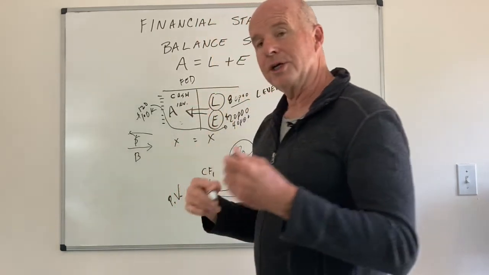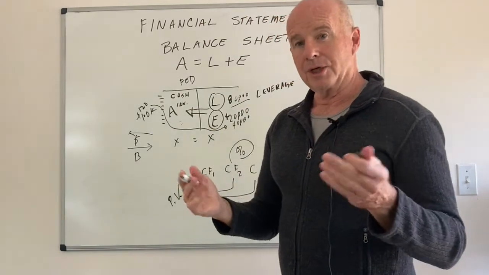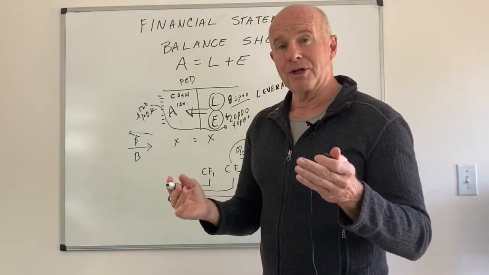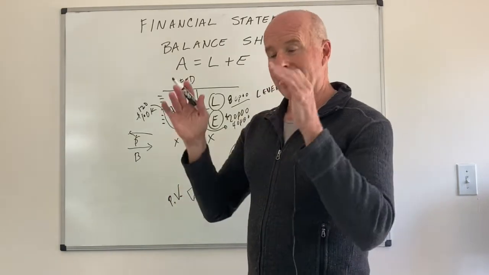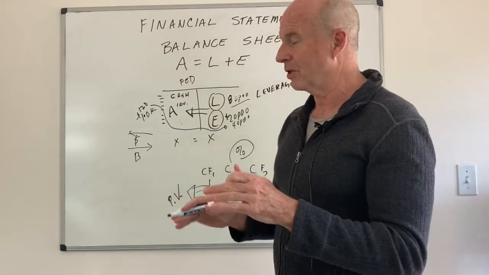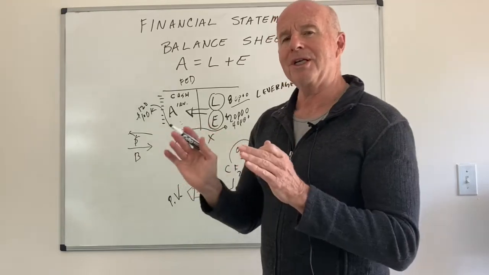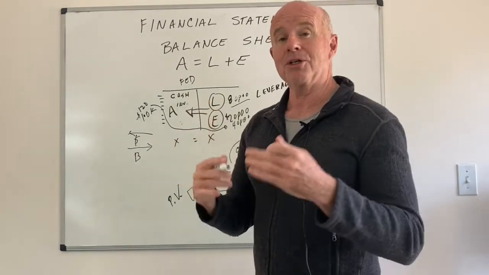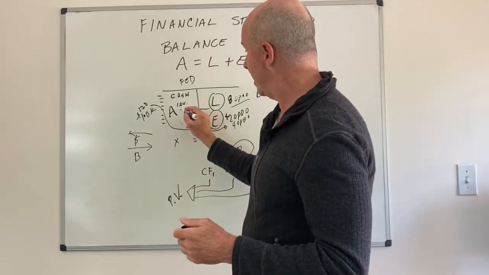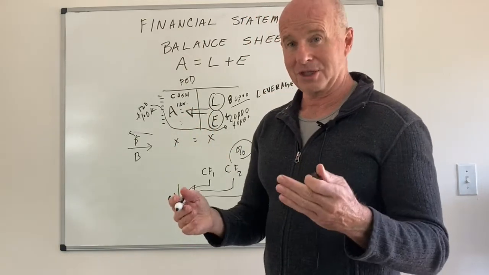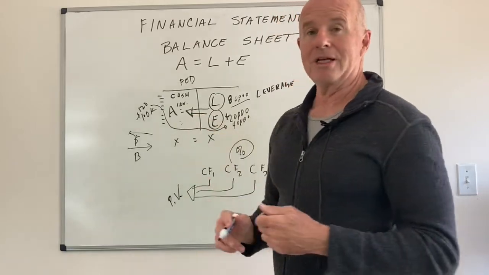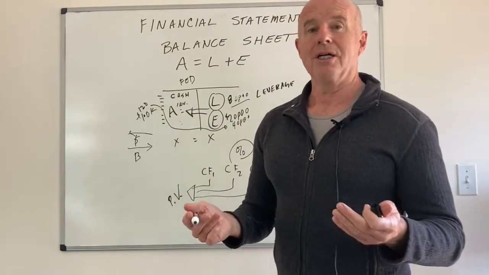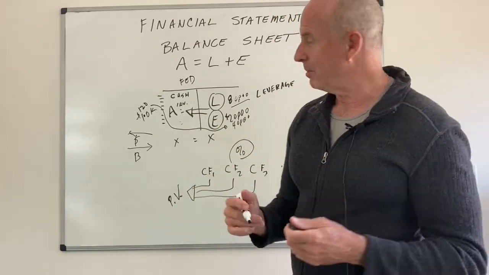Because your inventory is relatively liquid. The problem with inventory is you can't just go and dump it all right away and get that cash without having to massively reduce the price of it. So inventory is not really as liquid as cash, but it's more liquid than maybe your factories and your machinery, and certainly more liquid than your intangible assets, your trademarks and your patents and your other intellectual property.